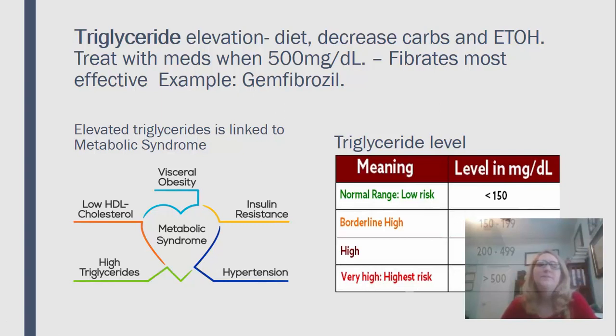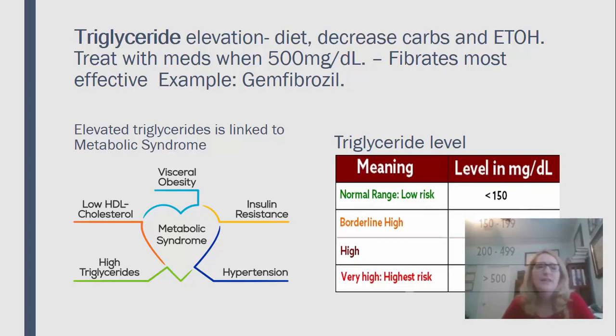Triglyceride elevations. You want to always think with people that have elevated triglycerides, encourage good diets, decrease their carbs and their alcohol. These are 2 big things. Treat with meds when they get over 500 milligrams per deciliter. Fibrates are most effective. As I said before, gemfibrozil is used.